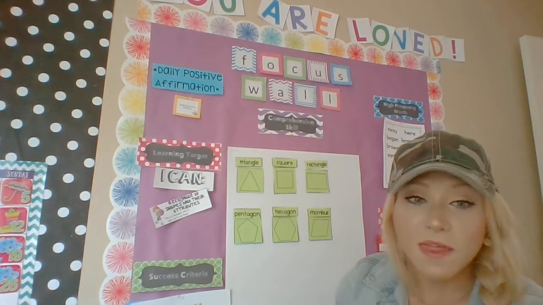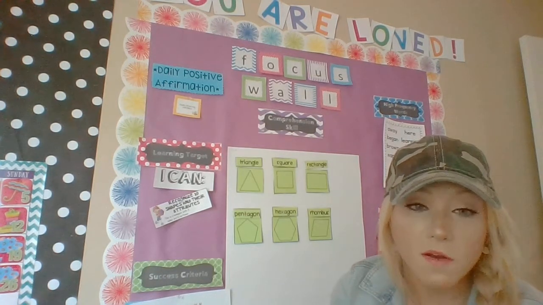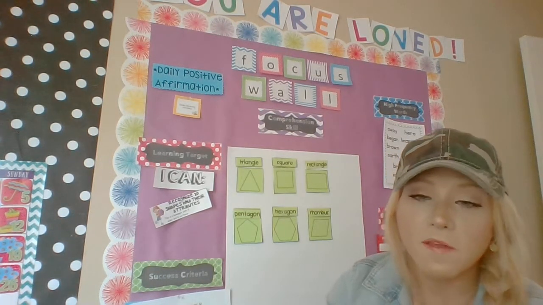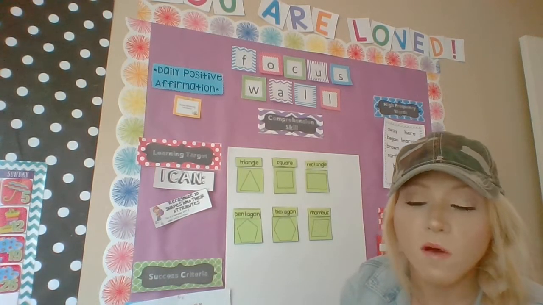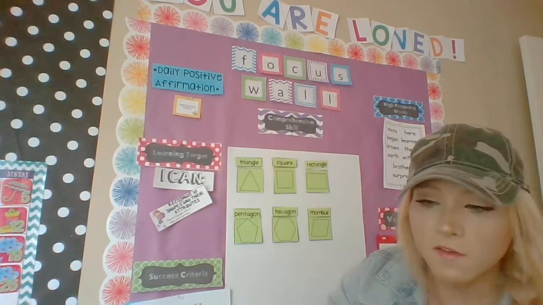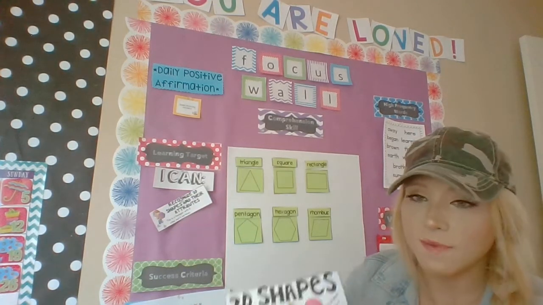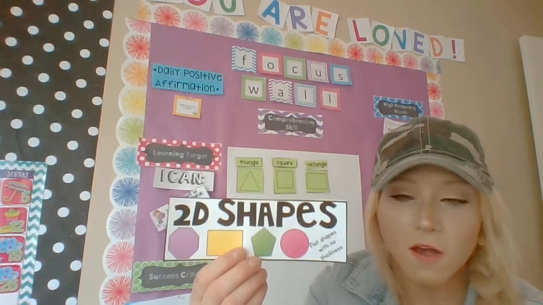Very good. In that learning target, you might have heard some words that are tricky or that you've never heard before. Before we find out our success criteria, we are going to go over some of those words. First, 2D shapes. You've probably seen these shapes before, but you just call them shapes.